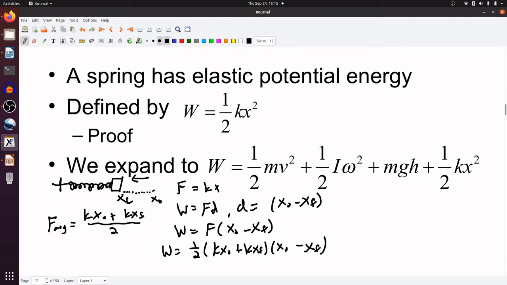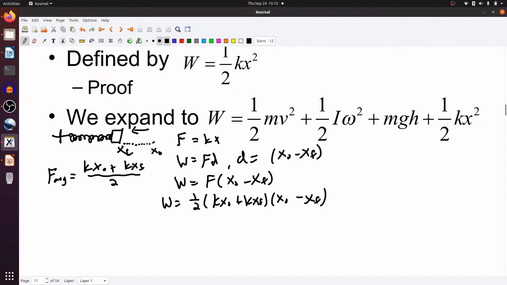Then you multiply that through, and you get 1/2 k x naught squared minus 1/2 k xf squared. We usually just take one of those terms, and so we simply call it 1/2 kx squared.